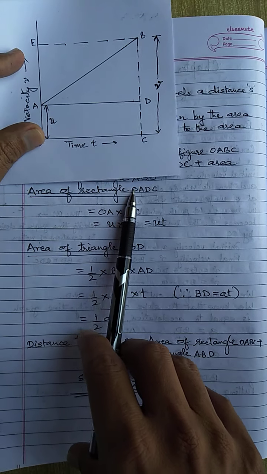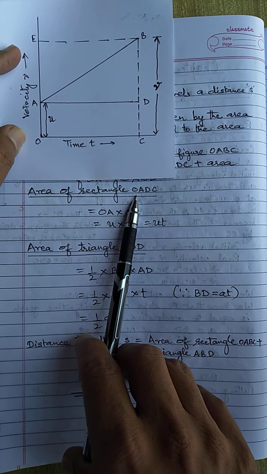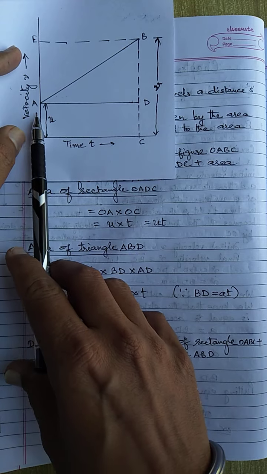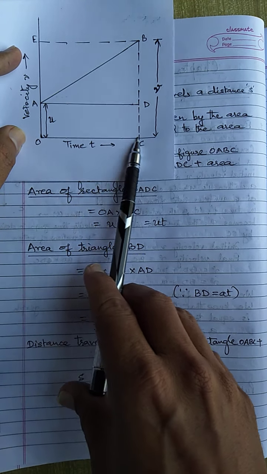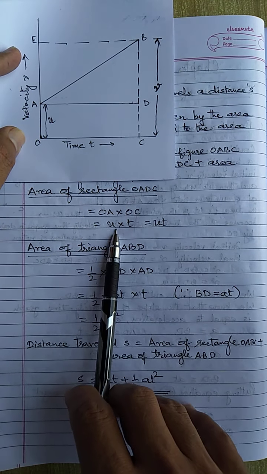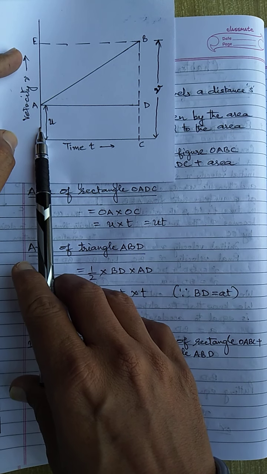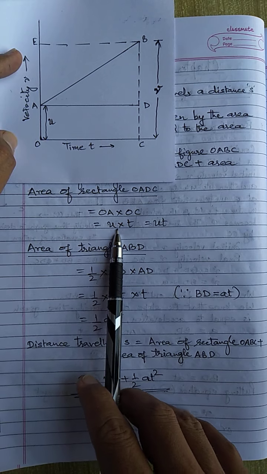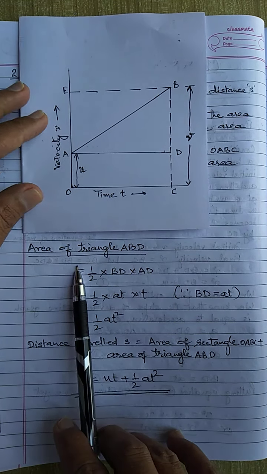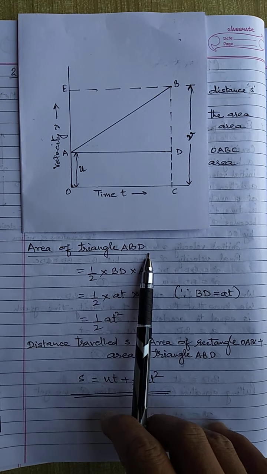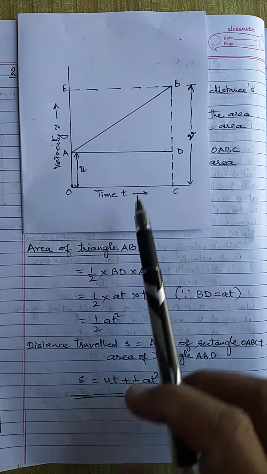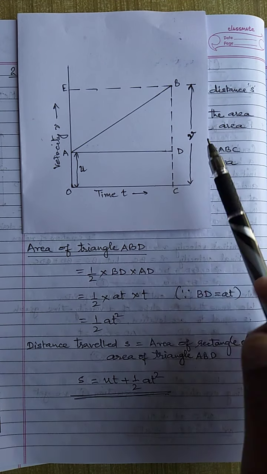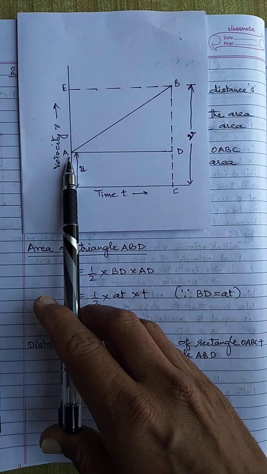Now we'll find the area of rectangle OADC, which is OA into OC. OA is the initial velocity u into time t. So the area of the rectangle is equal to ut. Now the area of triangle ABD is half into BD, the perpendicular, into AD, the base.